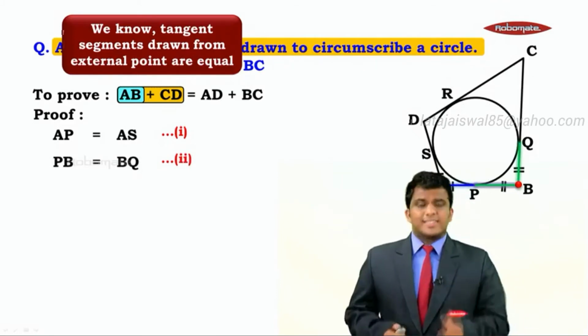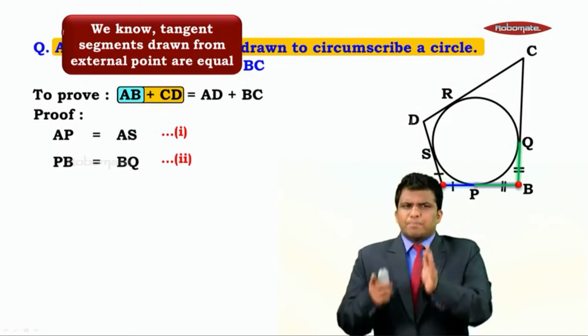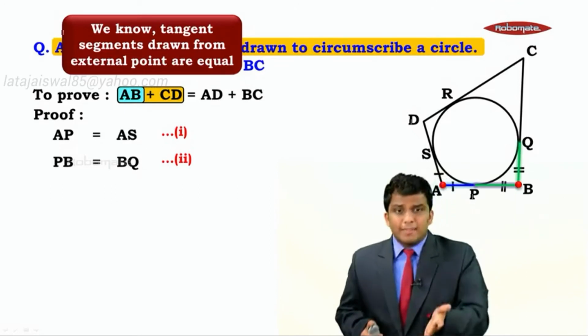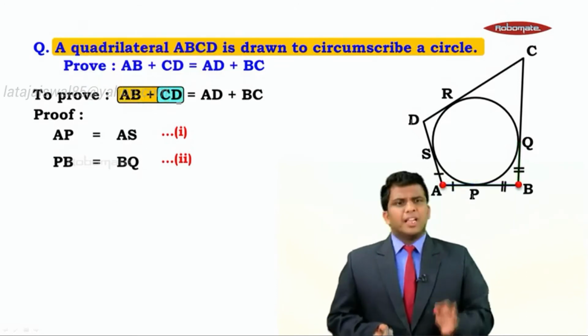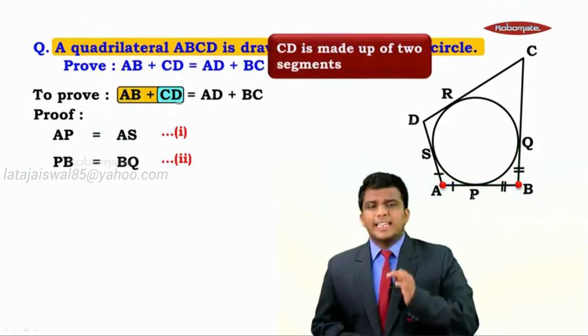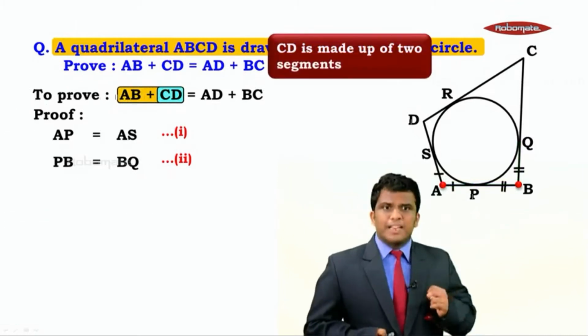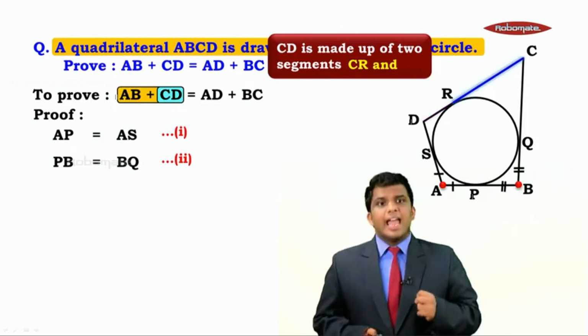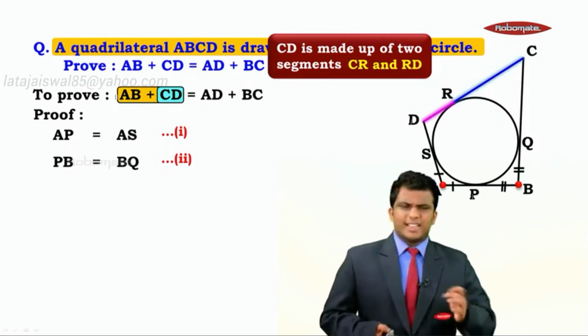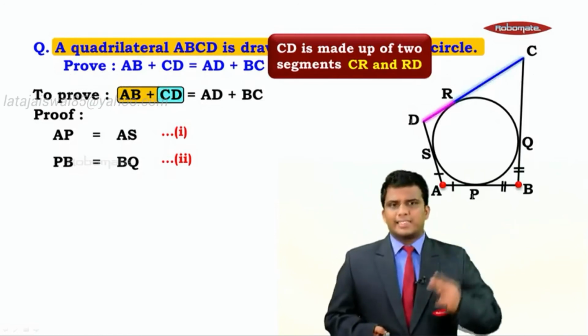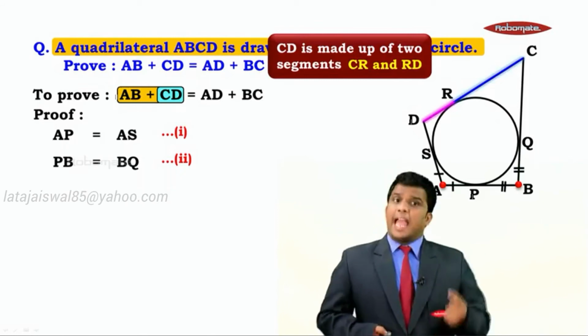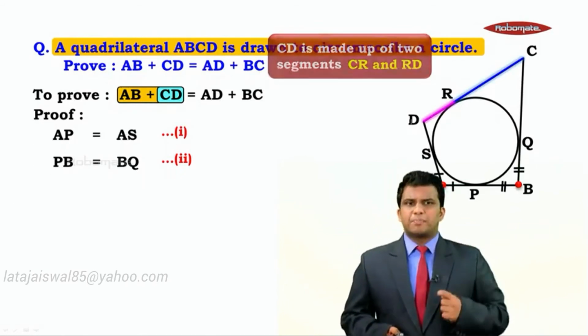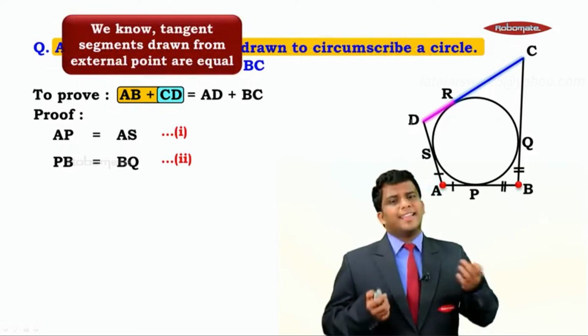Okay, what else? So we got AB, we got the parts which make AB. Let's talk about CD now. If you look at the figure, again CD is made up of two segments, CR and RD. Again, we have two external points that we can consider, and we know from each of the external points, the tangents drawn to the circle are equal in length.